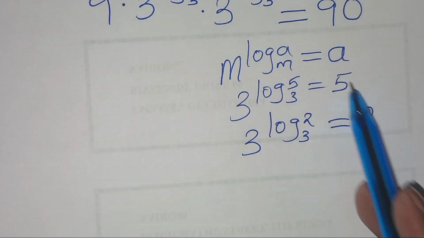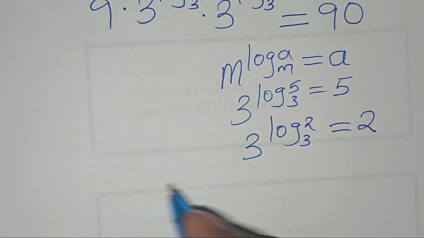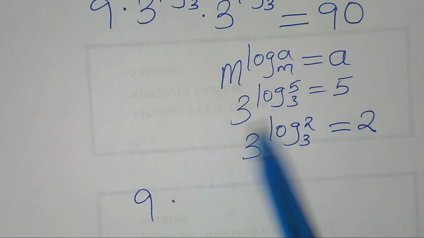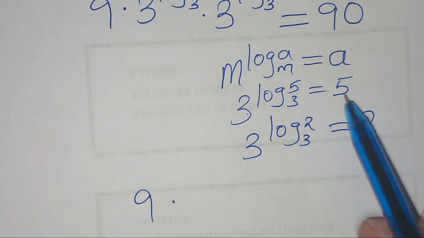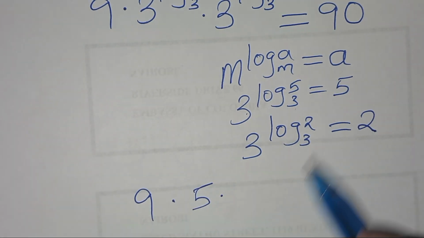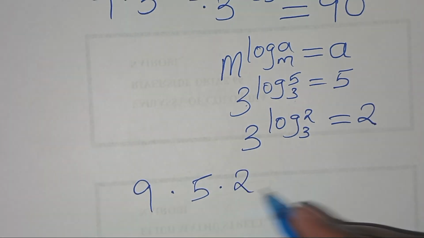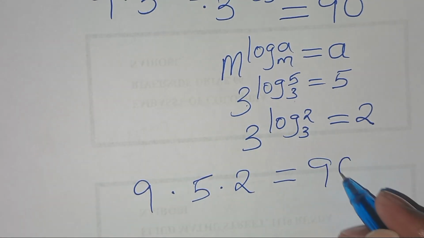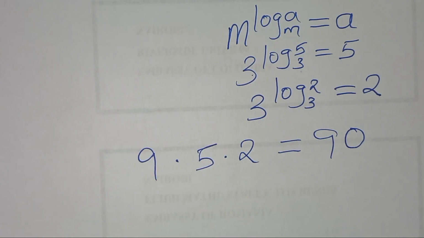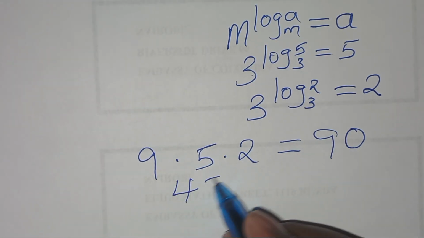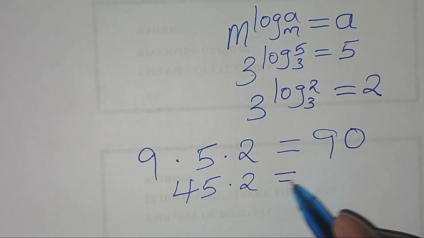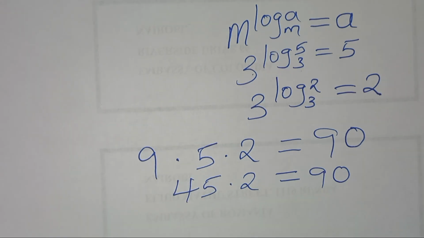So let's substitute these values. We have 9 times 3 to power log 5 to base 3, which is 5, times 3 to power log 2 to base 3, which is 2. So times 2, this should give us a value of 90. So 9 times 5 is 45, times 2, and this is equal to 90.